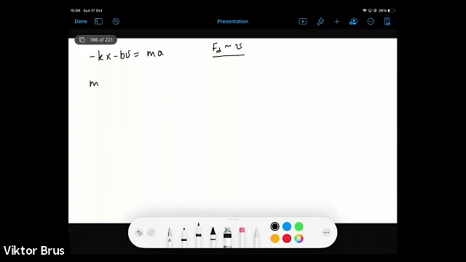So we can write m times d square x over dt square, then plus, here we have velocity, which is first derivative of x over time, so plus b times dx over dt.